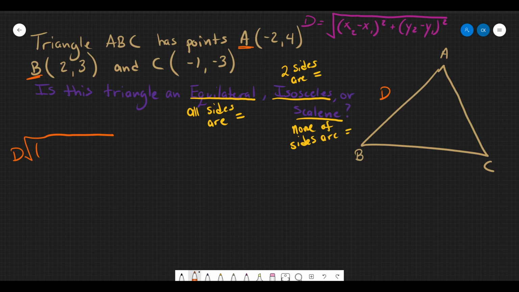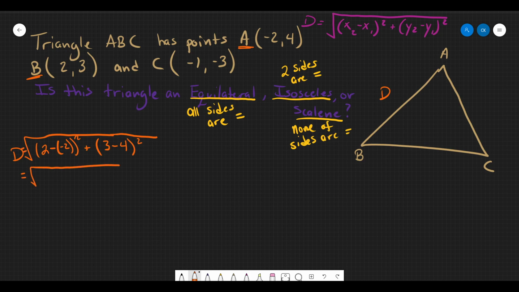So for this one, if I'm using A and B, my x2 is 2 minus my x1 is negative 2 squared, plus my y2 is 3, my y1 is 4, and now I just simplify this.